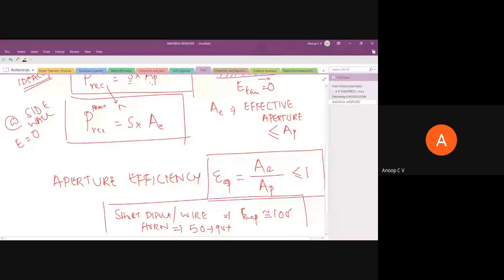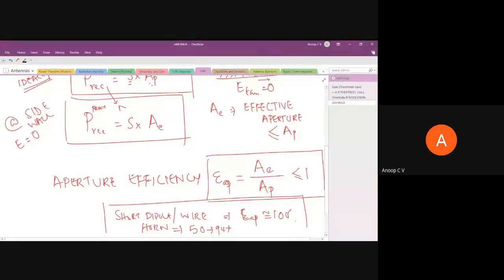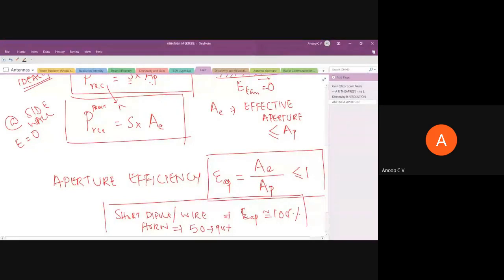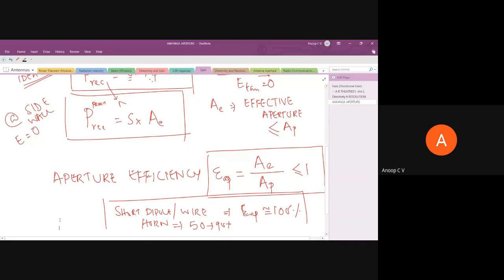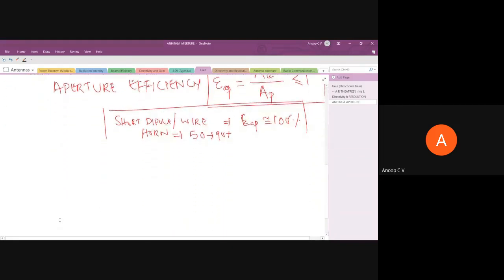Of course, as the area of the horn is more, it can gather more power compared to a wire antenna, but that is what I just have to tell.